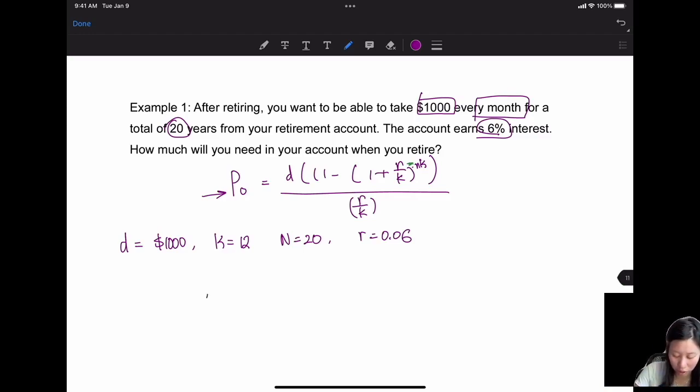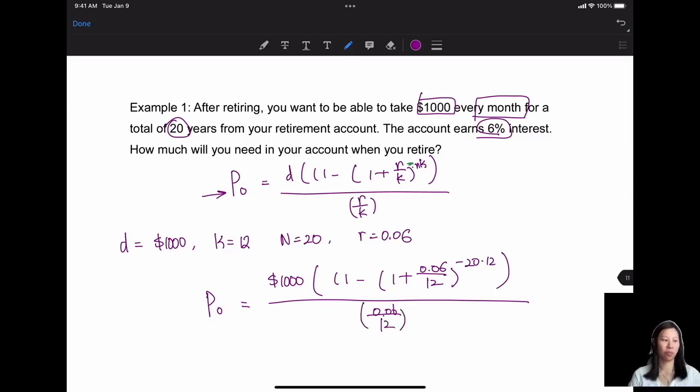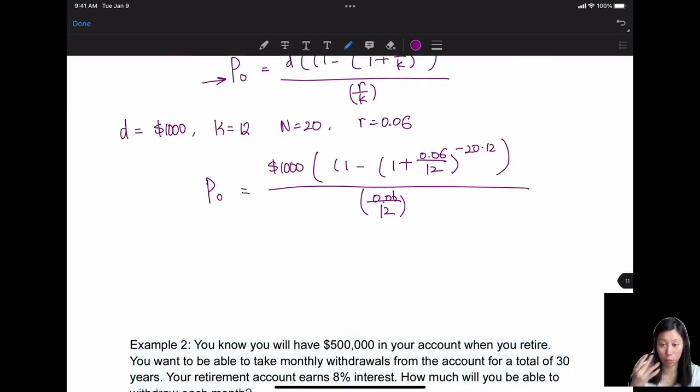So P sub 0 equals 1,000 times 1 minus (1 plus 0.06 over 12) to the negative 20 times 12, over 0.06 over 12. Again, you need to calculate whatever is inside the parentheses first.